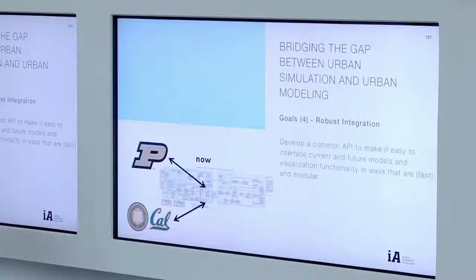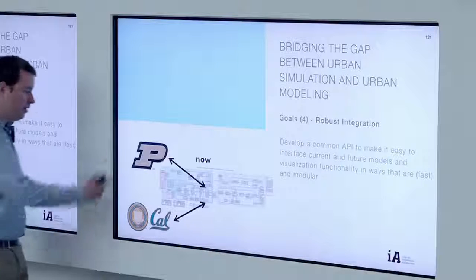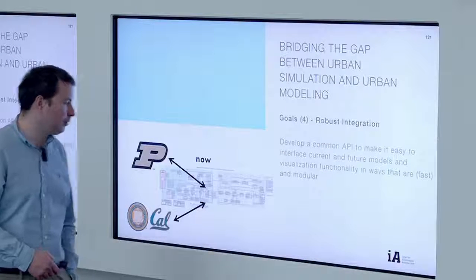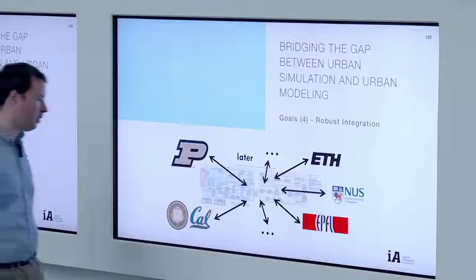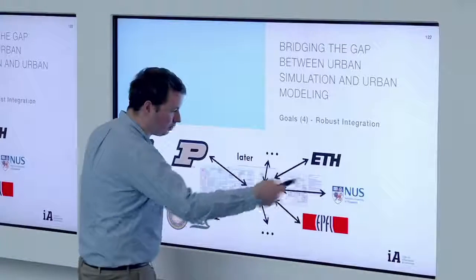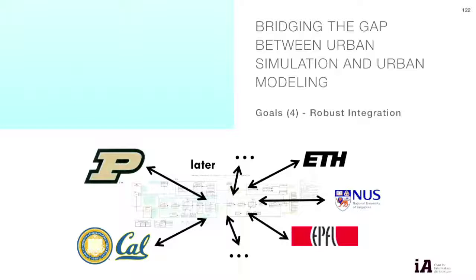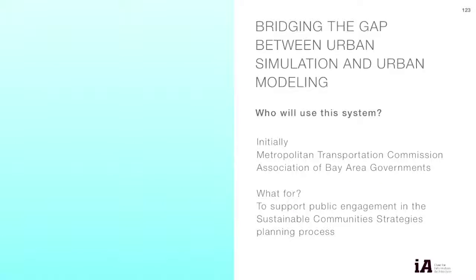So now the first prototype has been made between Purdue University and University of Berkeley. And then later on, it's really meant that we here at ETH, or our friends in Singapore or EPFL, are the users as well.